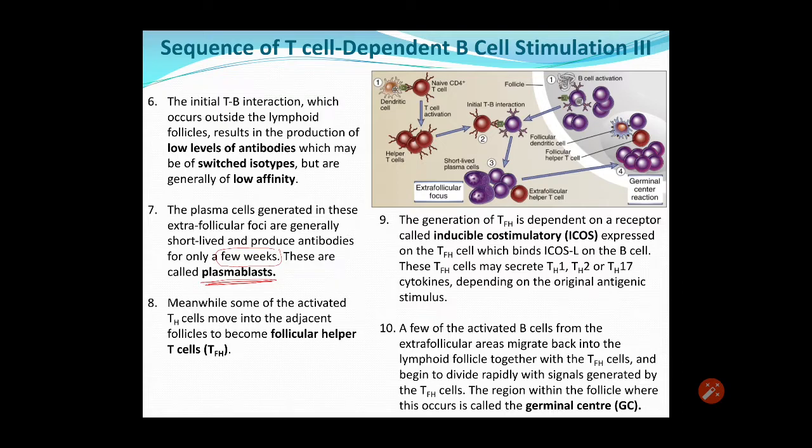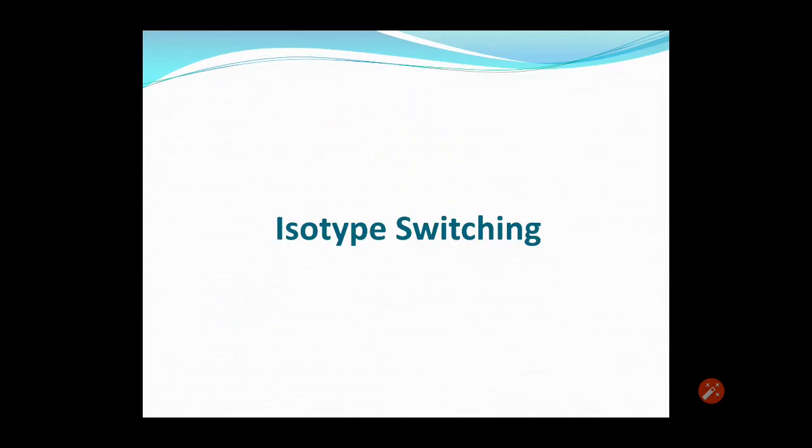So you have ICOS ligand interaction in addition to the CD40 ligand. And within these germinal centers is where you have this process of isotype switching from IgM into IgG or IgE.